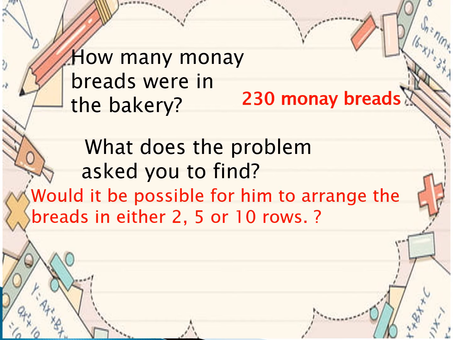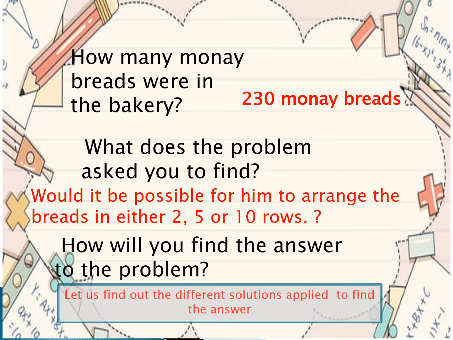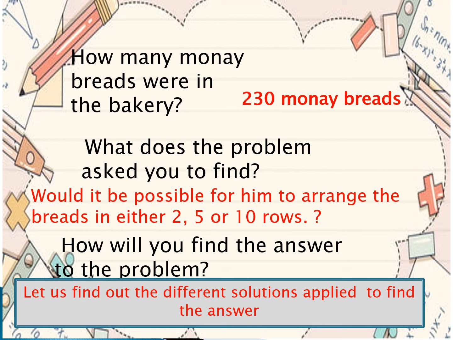Would it be possible for him to arrange the breads in either 2, 5, or 10 rows? How will you find the answer to the problem? Let us find out the different solutions applied to find the answer.